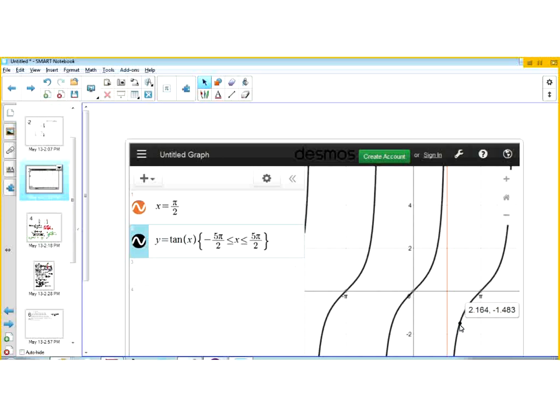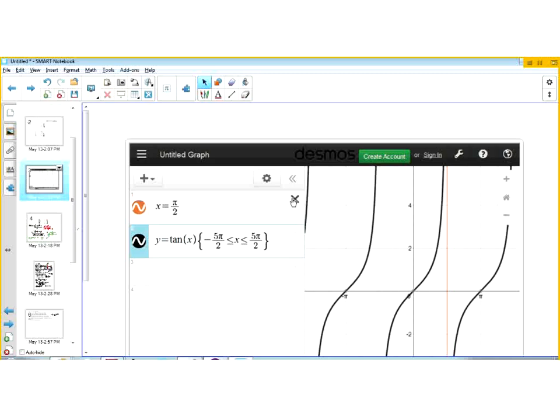So pi halves is a vertical asymptote. The tangent function is not defined at x equals pi halves, nor does the limit exist as x approaches pi halves. But the left limit is plus infinity, and the right limit is negative infinity. So we have that takeaway for the tangent function.